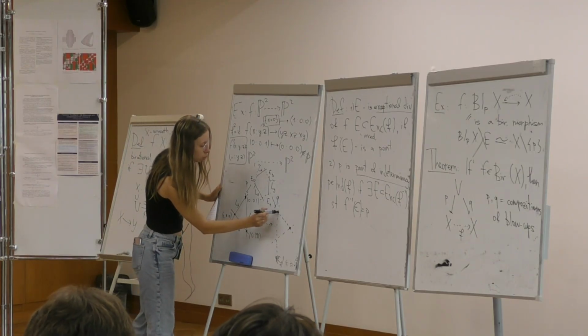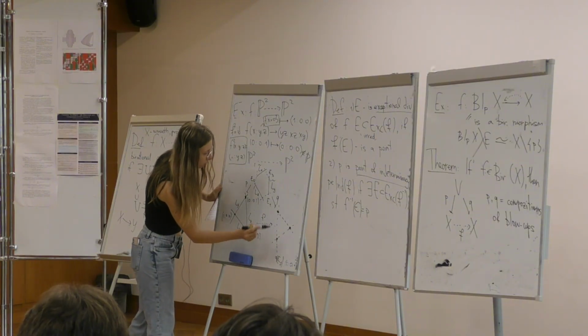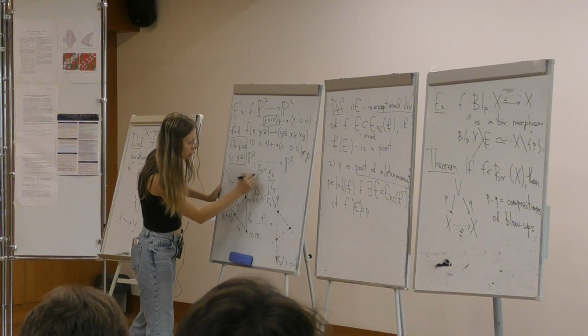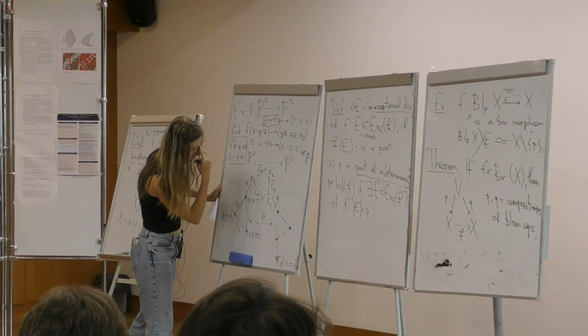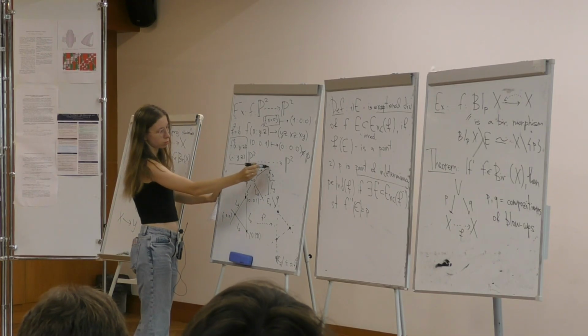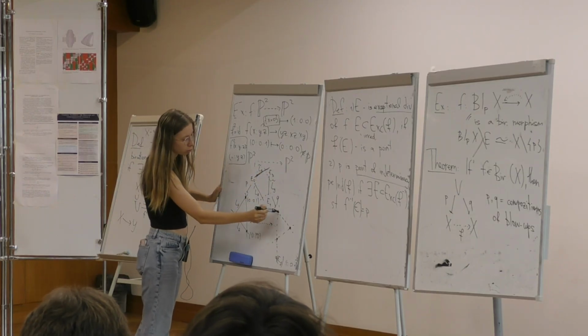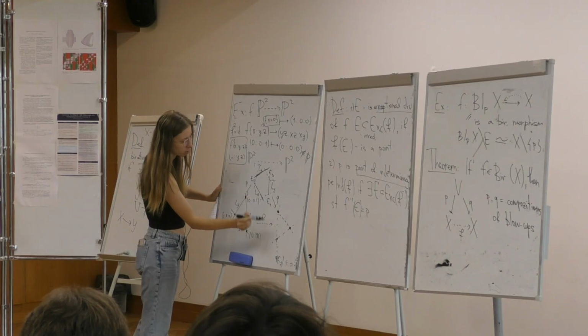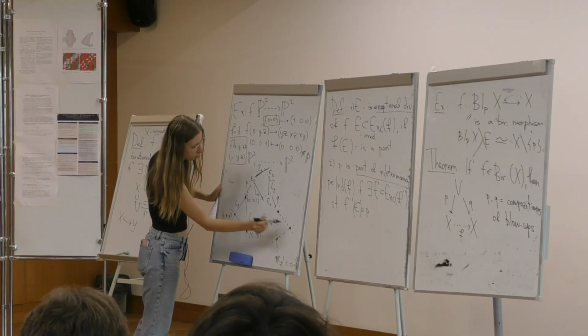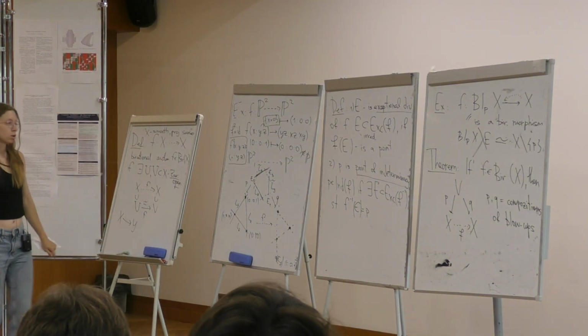Ly maps to this point. Lz maps to this point. These are images of Lx. So I just want to say that this line is blown down to this point, this line is blown down to this point, and this line is blown down to this point.